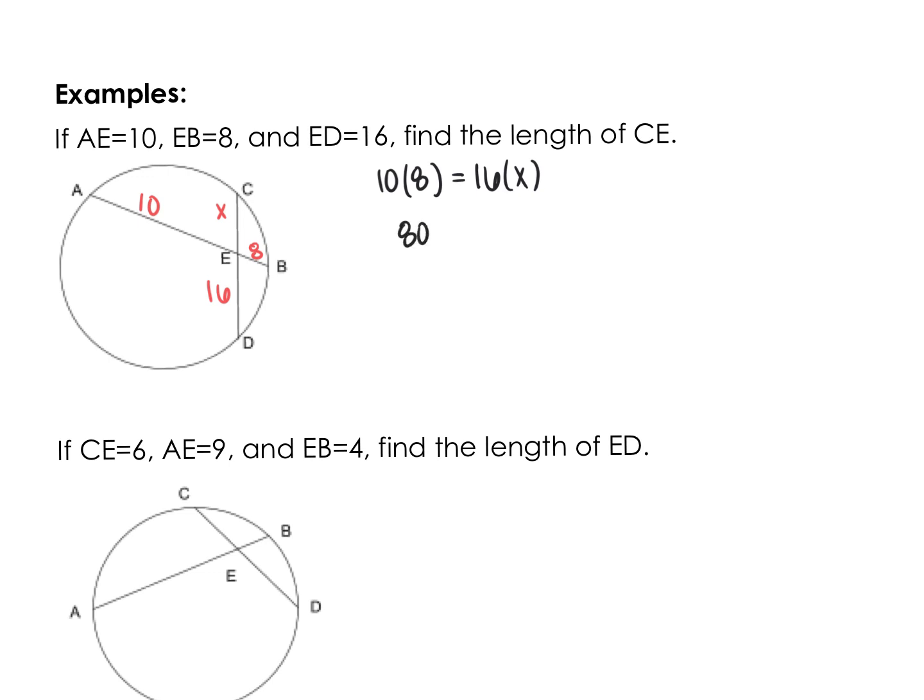So I get 80 equals 16x, divide by 16, and I get that x is 5. So that tells me that CE is 5.